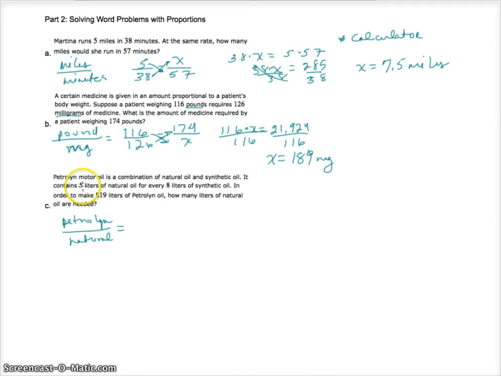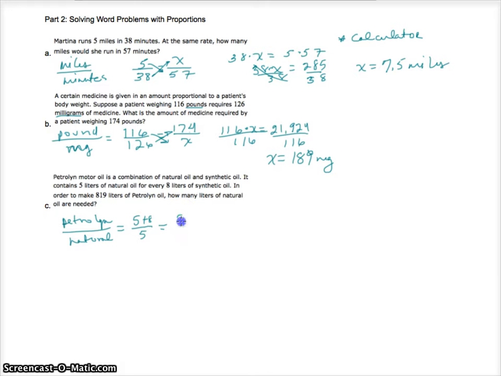Well, petrolin is 5 to every 8, so it's 5 plus 8 over 5 for natural.